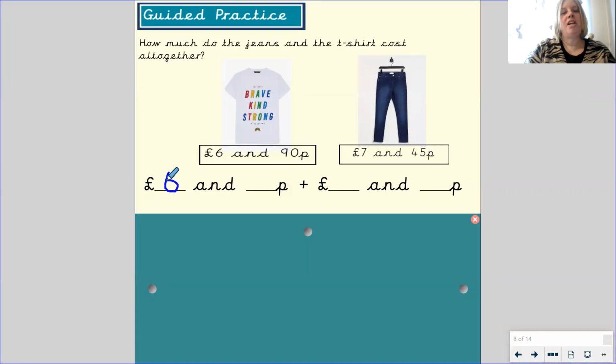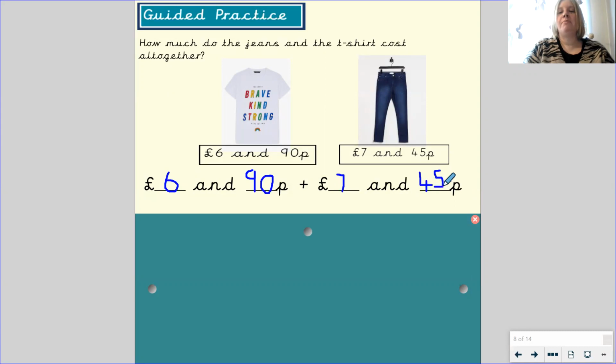The cost of the t-shirt is £6 and 90 pence. Then I need to find out how much the jeans cost. My jeans cost £7 and 45 pence.